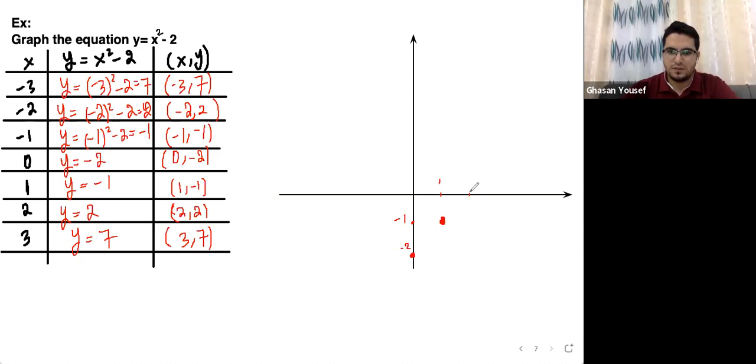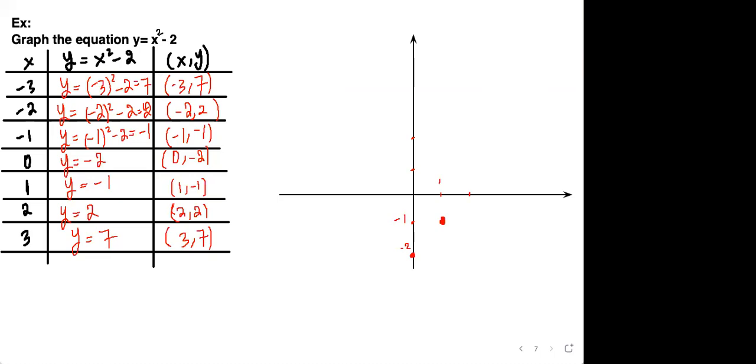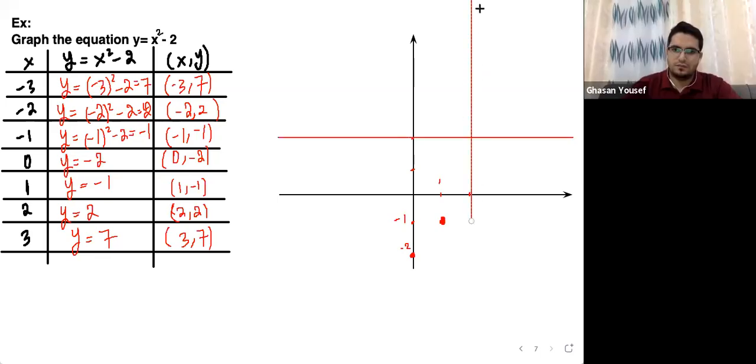For the next point, 2 and 2. So this is 2, and also the above is 2. This is the line. Here's the point in the middle.